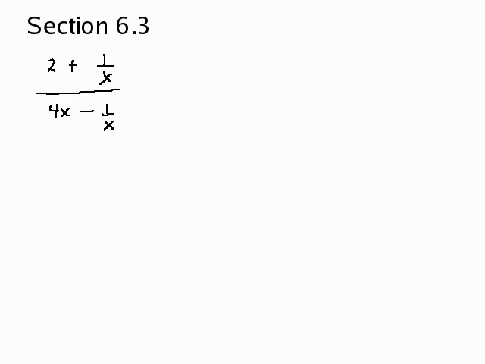So again, notice the common denominator of both top and bottom would be x again. So I'm just going to go ahead and multiply through the top and bottom by x. And I'll use some colors on this one. So distributing, we're going to get 2 times x is 2x minus x times 1 over x is 1.